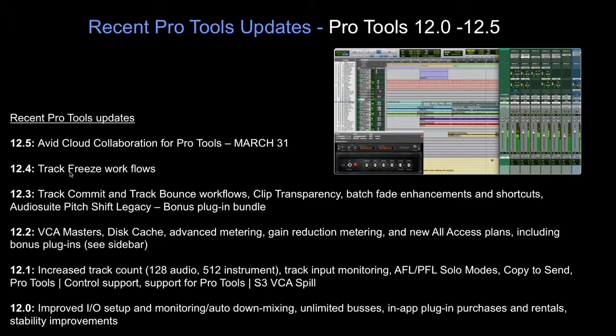That committed track will still have that committed audio, the frozen audio. Does track commit do the same thing then? It essentially does the same thing, except with track commit you get more options. Freeze is a snowflake button on the track that you can turn on and off.